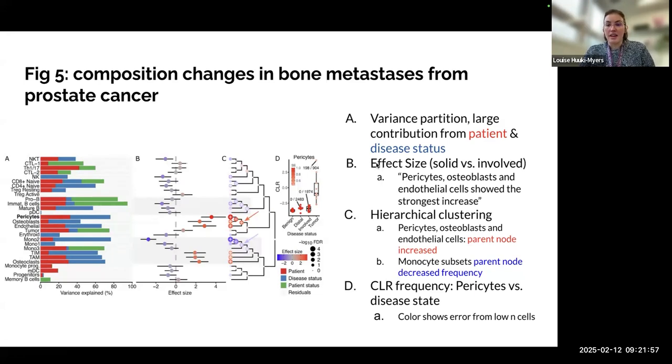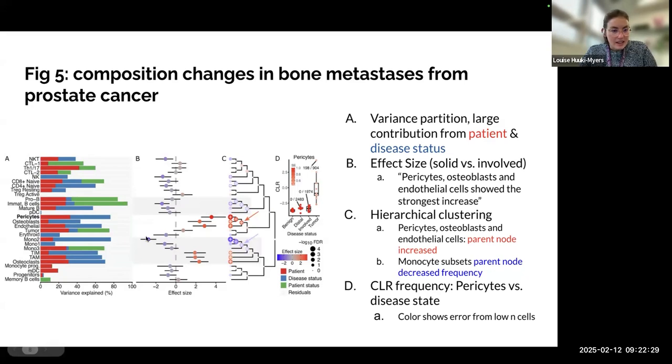And then in effect size, we're looking at either solid or involved, which are two different tumor statuses or tumor types. We can see really high positive effect size for the parasites in its related cell types. We can see that node positively increase, I think with it being solid, the solid versus involved.